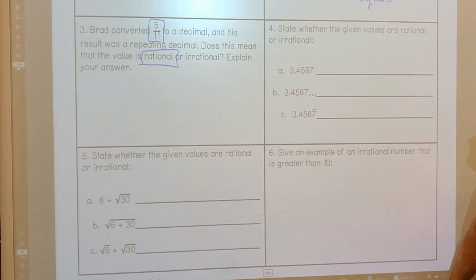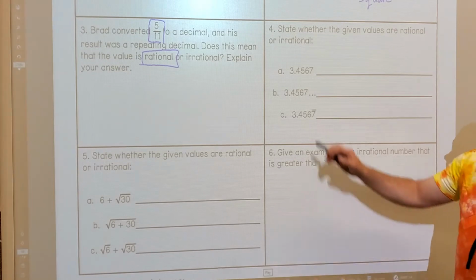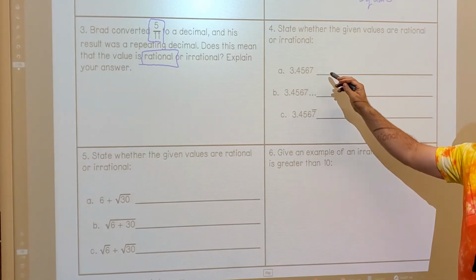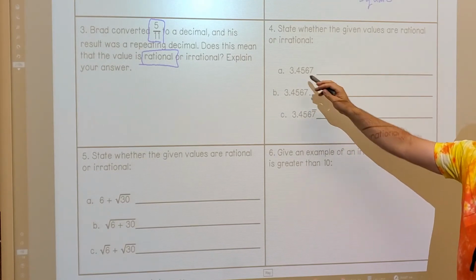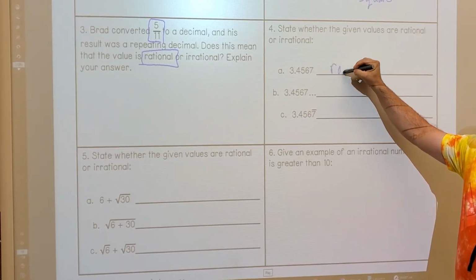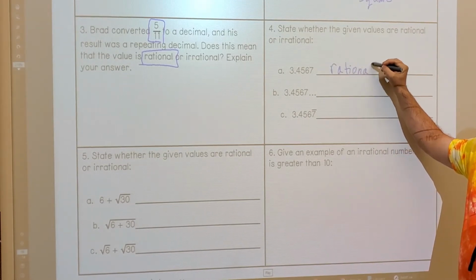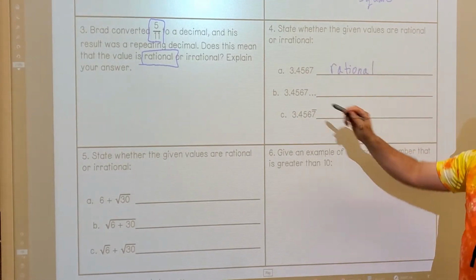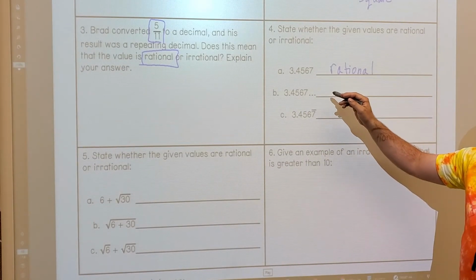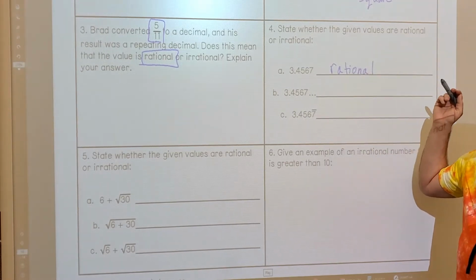Okay? State whether the given values are rational or irrational. So 3.4567. Now, if it went on and on and on like that, oh, like this one does, okay, this one here just stops. So that is rational, because it terminates. This one right here, 4, 5, 6, 7, again, probably 8, 9, I don't know what's after that, 10, 11, 12, 13, 14, I have no idea.